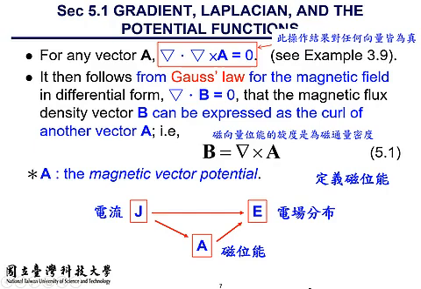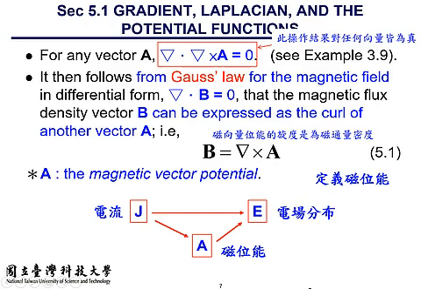So based on the first vector identity and Gauss's law for the magnetic field, if you compare this Maxwell equation with this vector identity, what is the conclusion? What is your derivation?